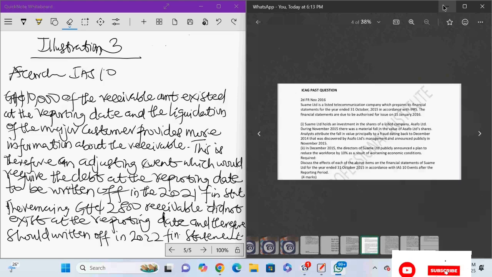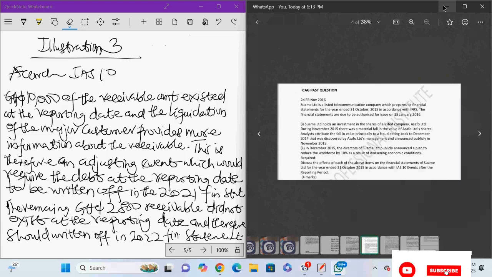Swami Limited holds an investment in the shares of a listed company, Asafo Limited. During November 2015, there was a material fall in the value of Asafo Limited shares. Analysts attribute the fall in value principally to a fraud dating back to December 2014 that was discovered by Asafo Limited's management and announced publicly in November 2015.